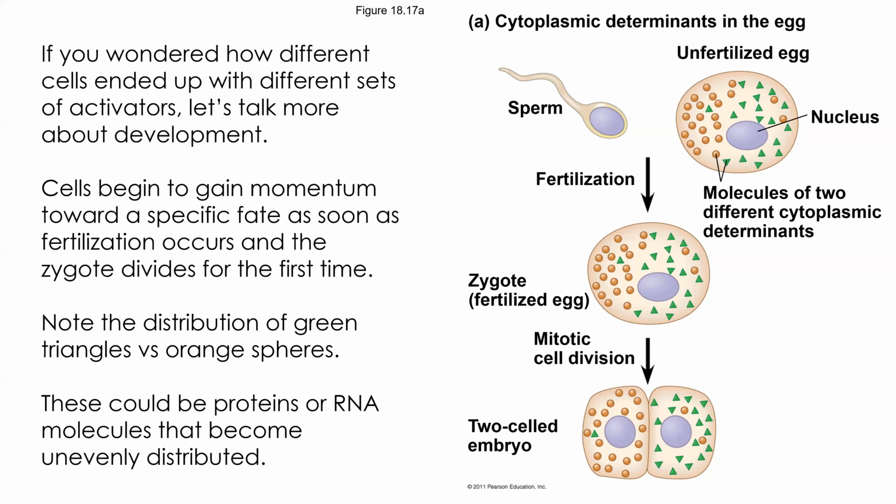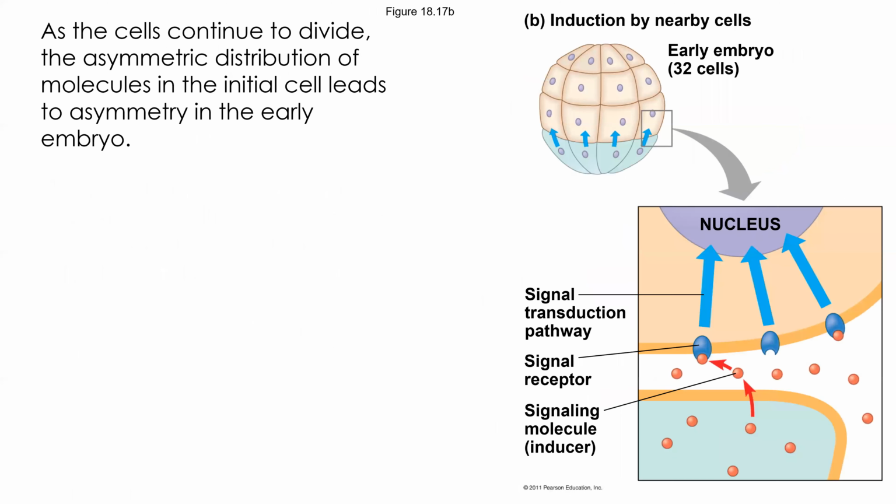Again, these can be proteins or RNA molecules. Whatever they are, they're unevenly distributed. So let's carry this a little further. Here we have an early embryo, composed of 32 cells at this point. We're thinking about the uneven distribution of molecules that we set up in the previous slide and what that means for this early embryo.